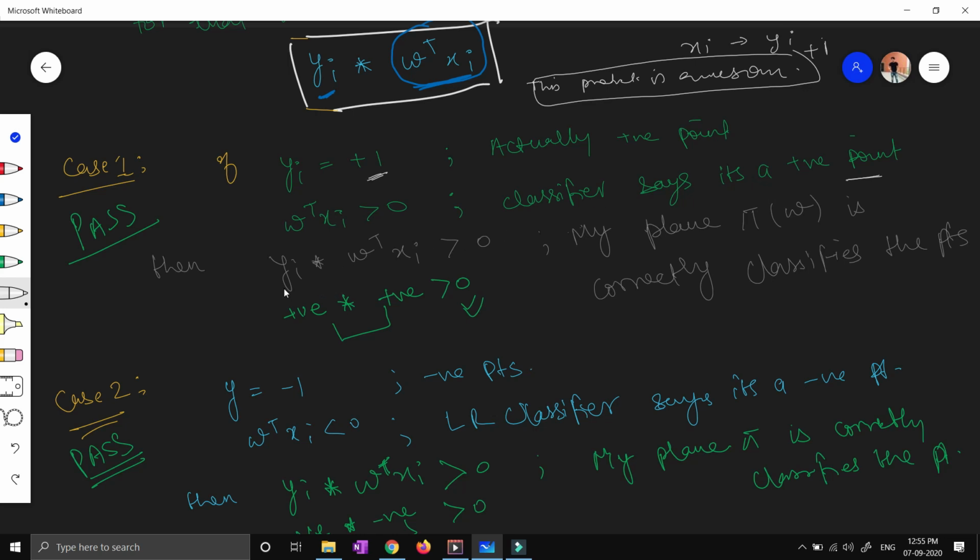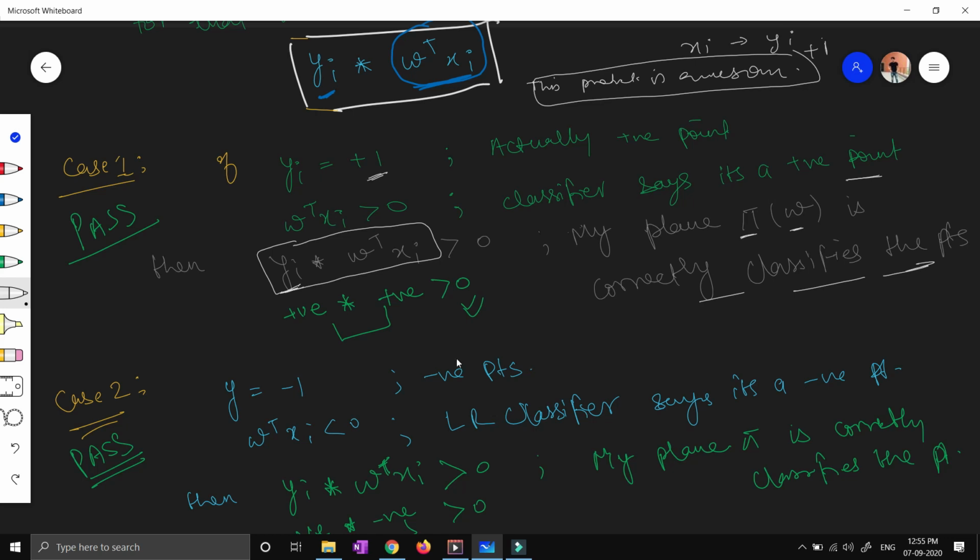Now if I calculate yi into w transpose xi, it will come out greater than 0 always, because my yi is positive. Positive into positive is always positive, or greater than 0. So my plane pi, or the value of w, correctly classifies the point.